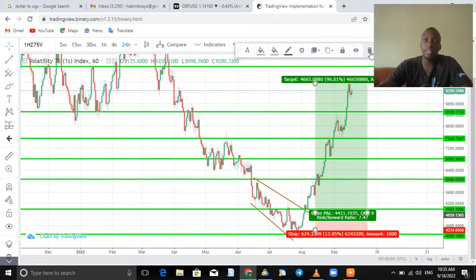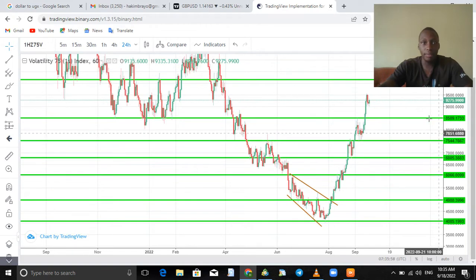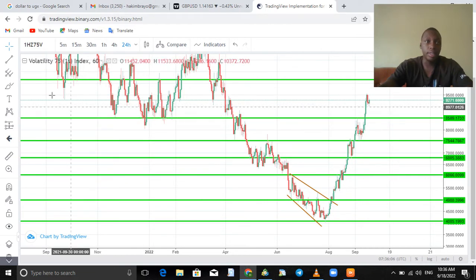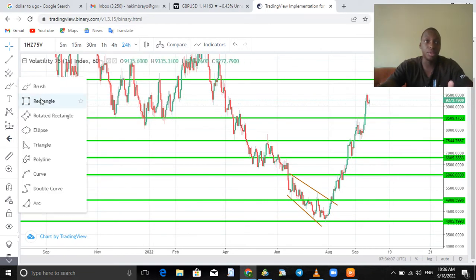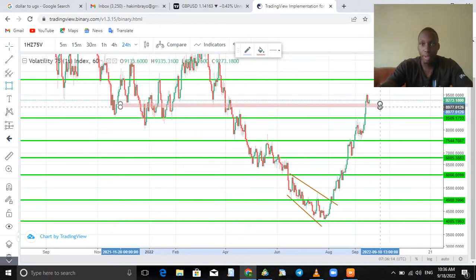Now we want to see exactly at the moment, where is this market still heading. Now if I try catering for my minor zone, because these horizontal lines, they indicate my major market key levels. Now I want to look for these minor zones where the pair is trying to consolidate from.